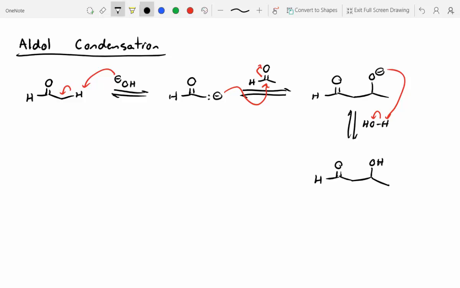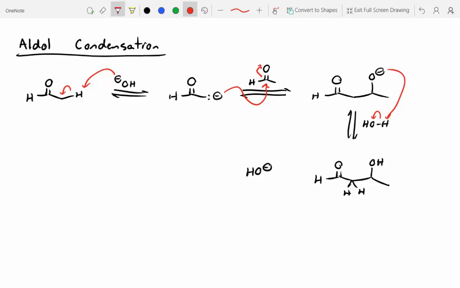When we do this, though, we're regenerating base. This base can do some more chemistry, right? So if we look at it, this base has some protons it can go after. It could deprotonate that alcohol and go in the reverse direction, but that's not getting us anywhere useful. But we also have some alpha protons remaining, right?